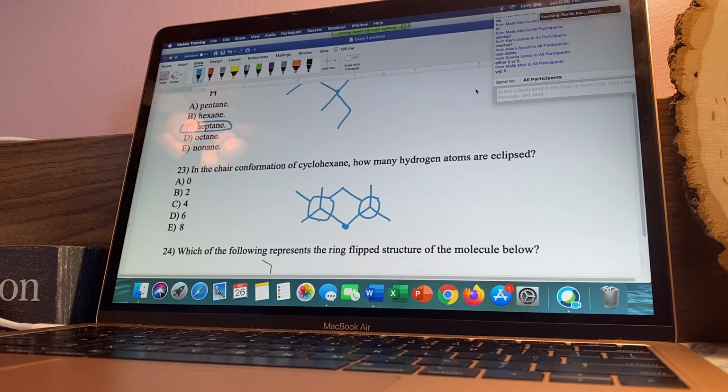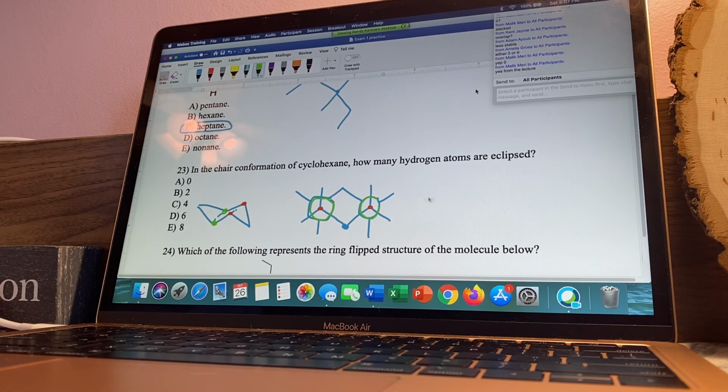Does this look familiar? In case it doesn't, you have this whole thing. If we think of this carbon and this carbon being these 2 carbons, and then these 2 carbons right here in green are the back carbons. Do you see how everything is staggered?